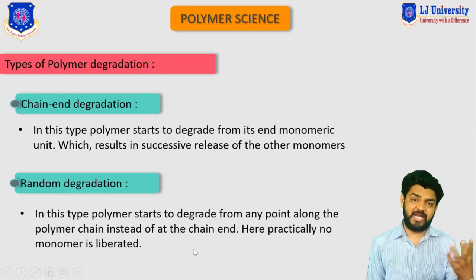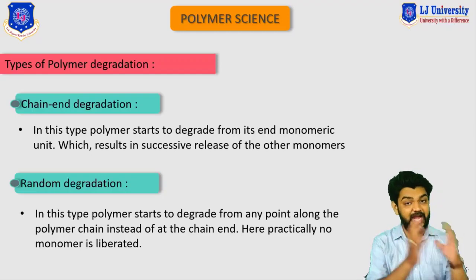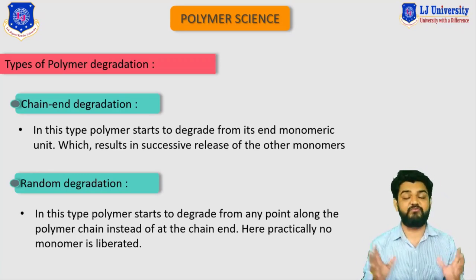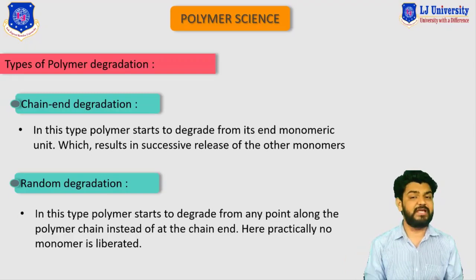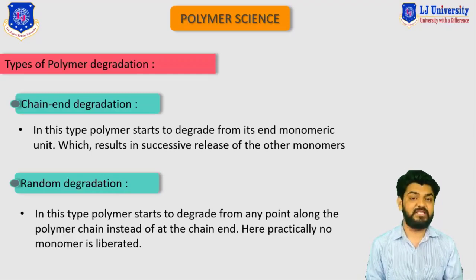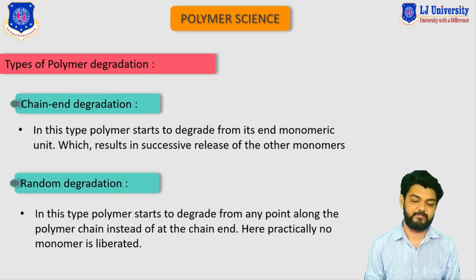So in chain end degradation, the polymer degrades at the end point of the chain, but in random degradation, the polymer starts to degrade from anywhere in the long chain. There is no specific point where the degradation takes place in random degradation, while in chain end degradation the polymer only degrades from the end point of the chain.